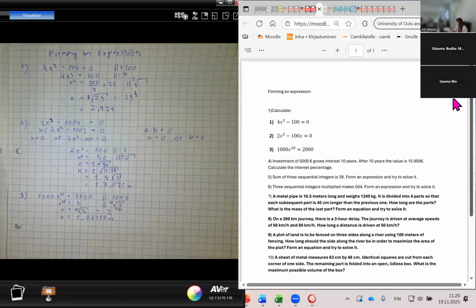Investment. Okay, maybe this next is a bit more interesting. Do the investments nowadays grow? Oh, this is a good interest, yeah. So if I manage to, in 10 years, have 5,000 and I have an interest percentage so that I have 15,000 after 10 years.